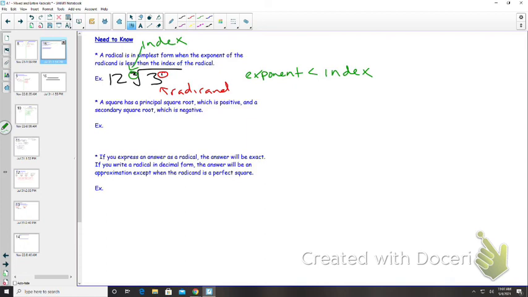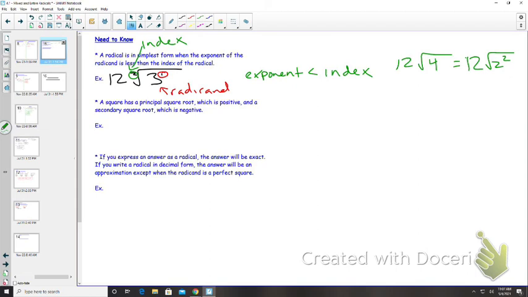Like this one, 12 root 4, is the same as 12 root 2 squared, because the exponent is the same as the index of the radical. This is not in fully simplified terms, not in simplest form. But this one would be.